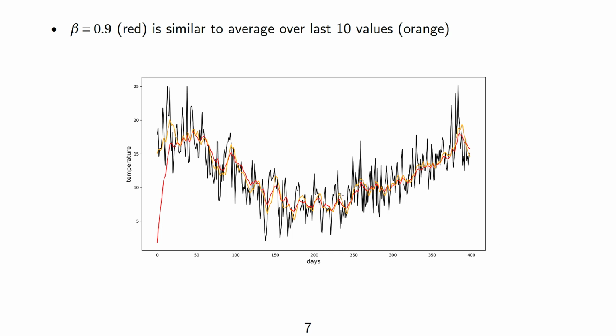But what's the problem with such a seemingly trivial thing? The problem is that computing the average over the last 10 values requires us to store an additional 10 values. We cannot simply store one additional value. We need to store all 10. So why do we care about 10 values? Well, we have to consider that we want to compute something like the average or something similar of the network weights.